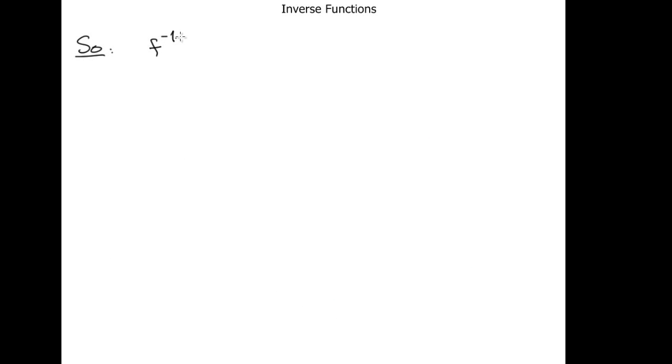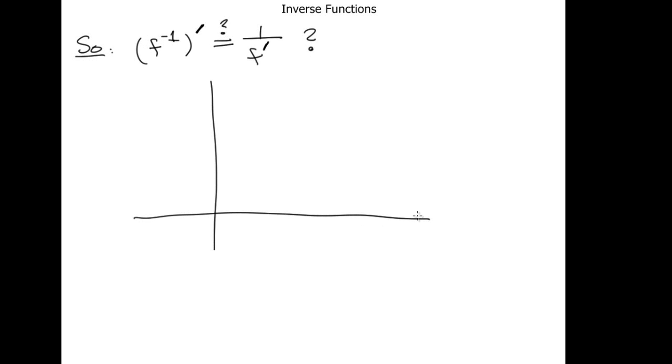So my guess is that the derivative of the inverse function is somehow 1 over the derivative of the original function. I'll put a question mark there. Is that true? Let's look.